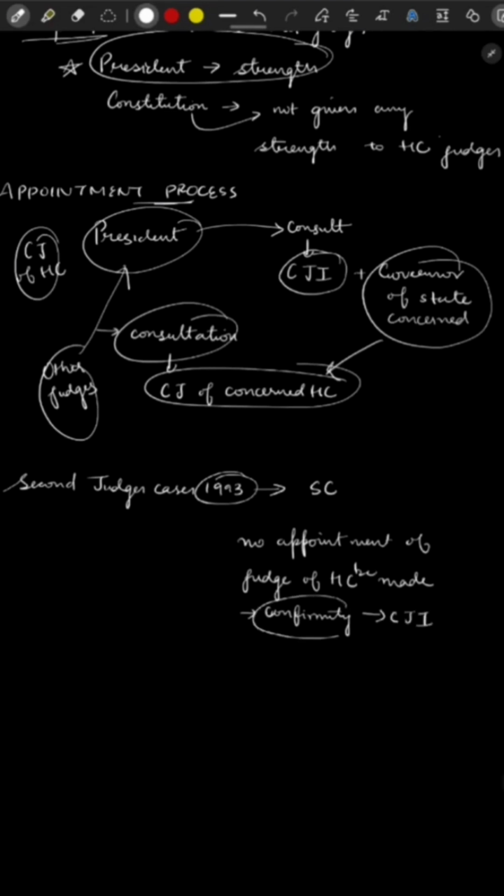That means the Chief Justice of India should give their concurrence, that yes, go ahead and appoint the judges.